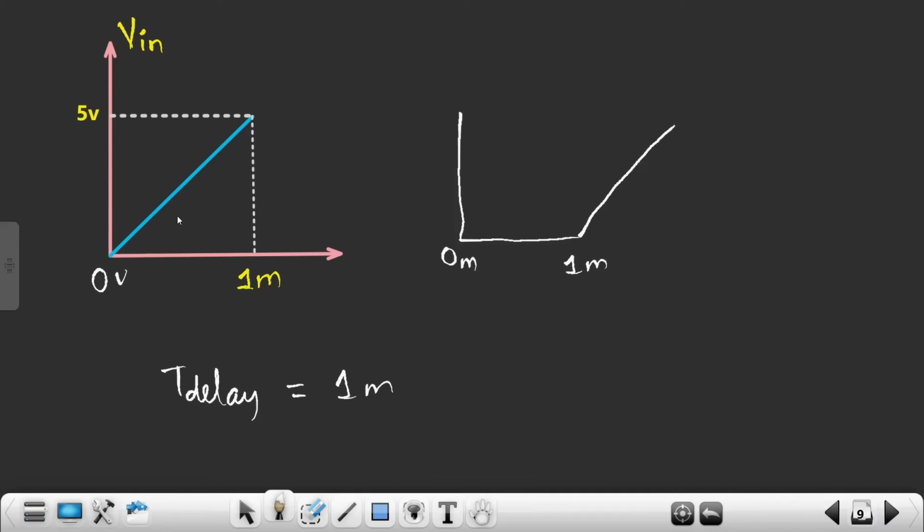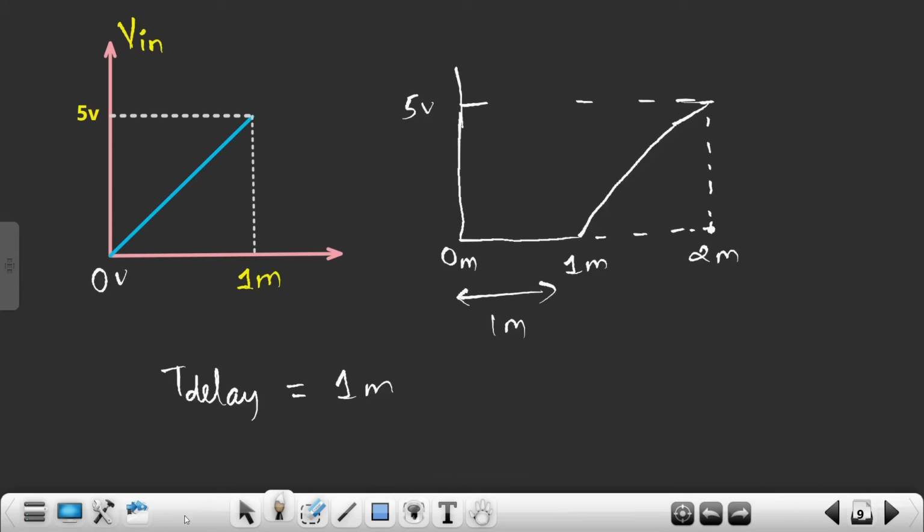The signal which is appearing at 0 millisecond will start appearing at 1 millisecond, and at around 2 millisecond I will get the signal, which we are getting at 1 millisecond. So this will be my 2 millisecond, and this will be my 5 volts. So you see we are getting a delay of 1 millisecond if I enter this value. You just try to do it on your own.